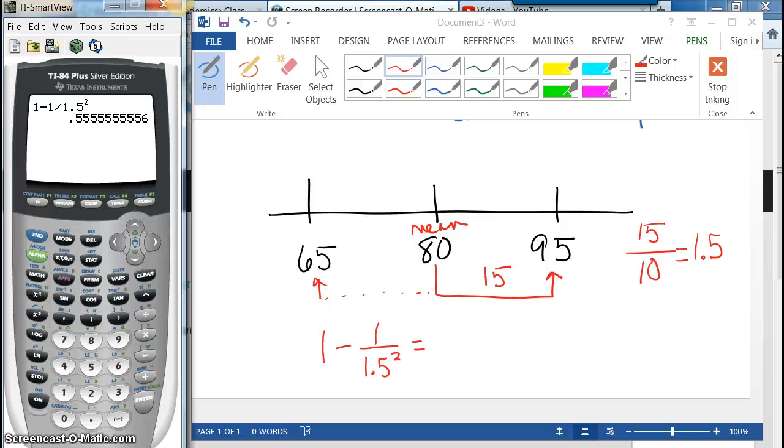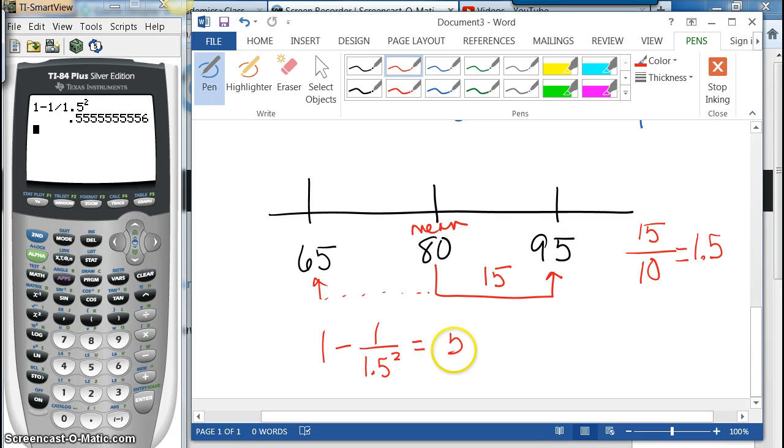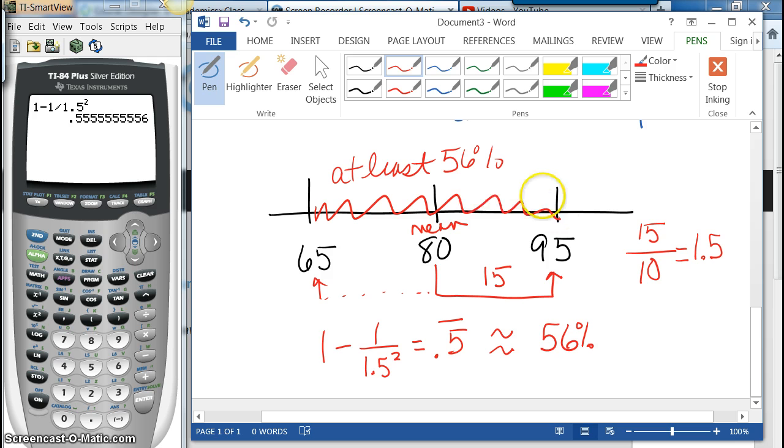The decimal is 0.5555 repeating, so you could maybe round that to about 56%. So the answer to this would be at least 56% of the data would fall between 65 and 95.